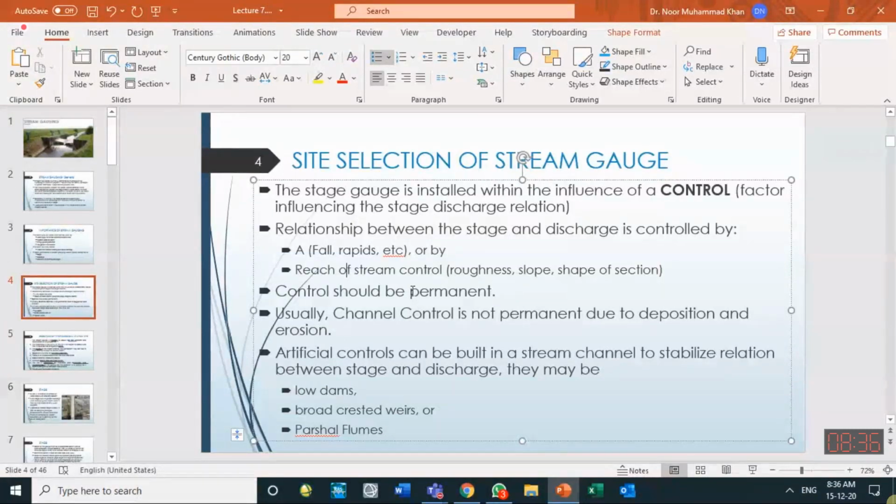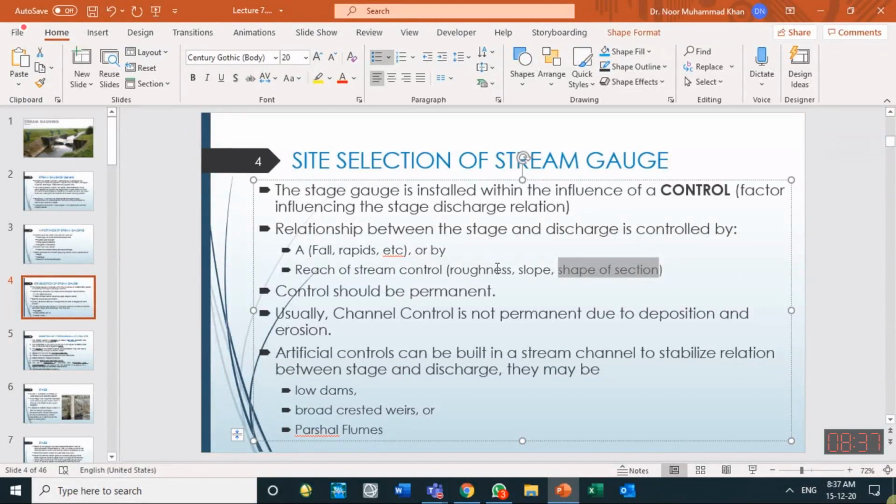Q is equal to A into V. So all those parameters which are controlling the velocity are controlling the discharge also. When we say the reach is controlling the relationship, it means the Manning's roughness coefficient, or simply the roughness of the channel, the longitudinal slope, and the shape or geometry of the channel itself. So these things are controlling the discharge stage relationship.